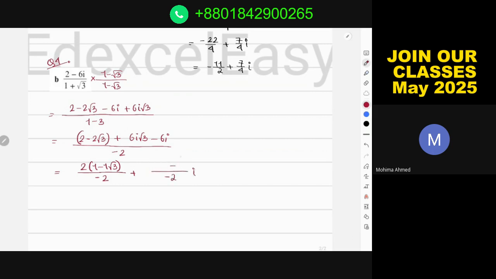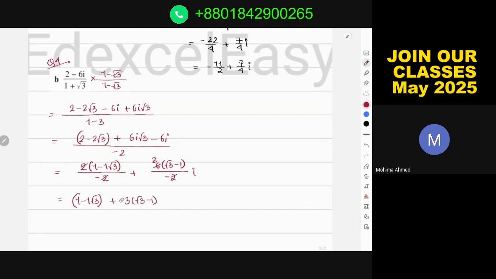From there, again, I can consider taking 6 as a common number, which is going to be root 3 minus 1. I can cancel out this 2 and 2 together, which leaves you with 3 in the numerator. So you have 1 minus root 3 and plus 3 times (root 3 minus 1).